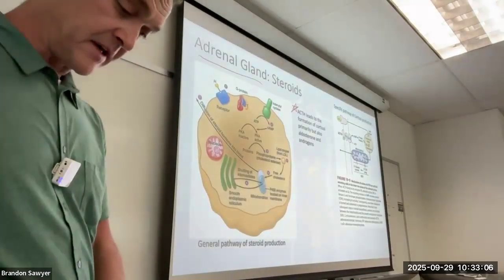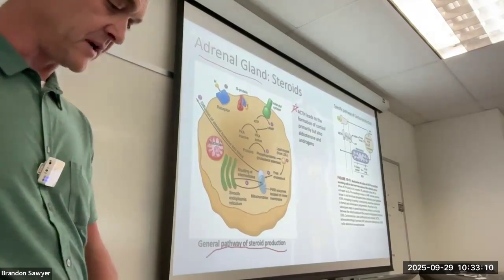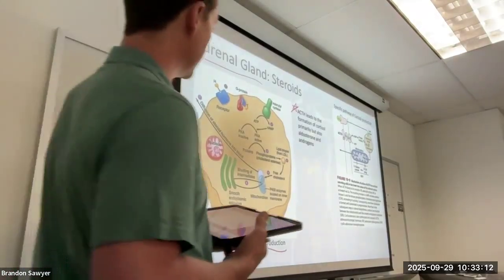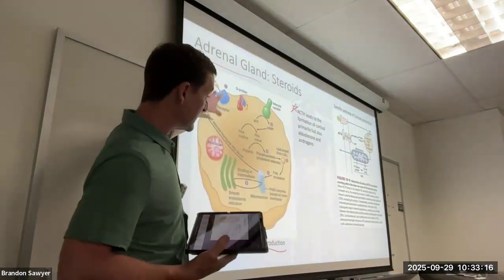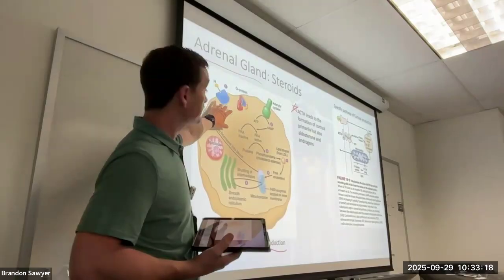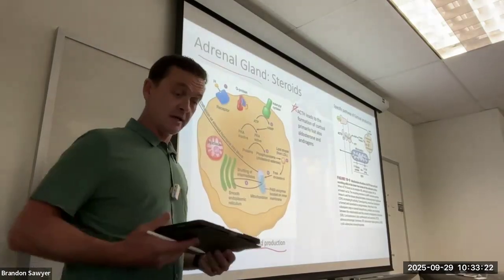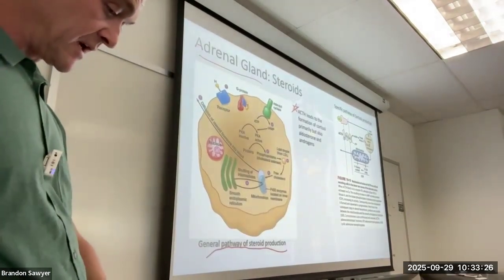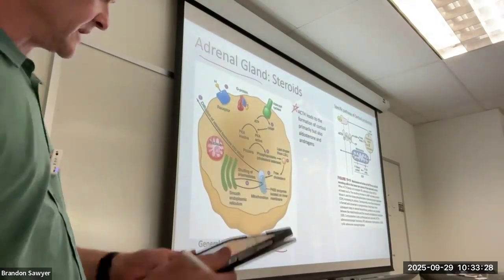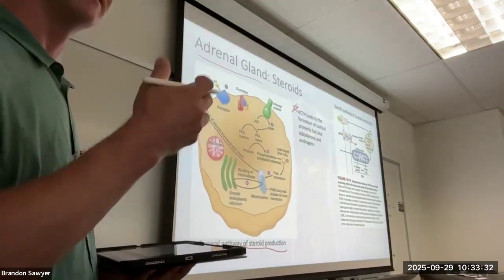The big thing to note here, you don't need to know all the details of this pathway, but this would be one of those cells in the adrenal gland that produces all of these hormones. We would see ACTH binding to that, and it's going to lead to the production. We'll get into some of the details next week when we talk about production of estrogen.